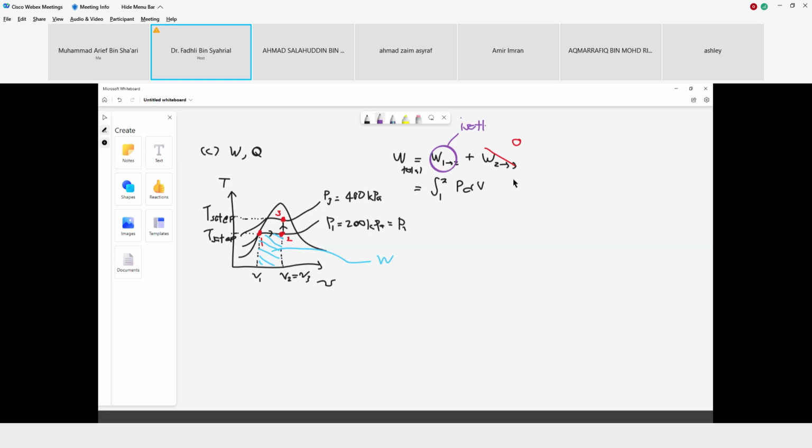So for isothermal process, not isothermal, sorry. Isobaric. Pressure is constant. Right. Pressure is constant at 200 kilopascal. So this is isobaric process.